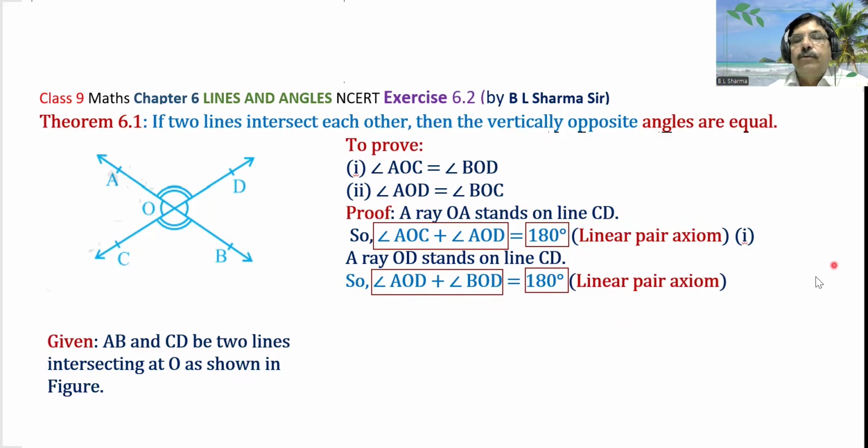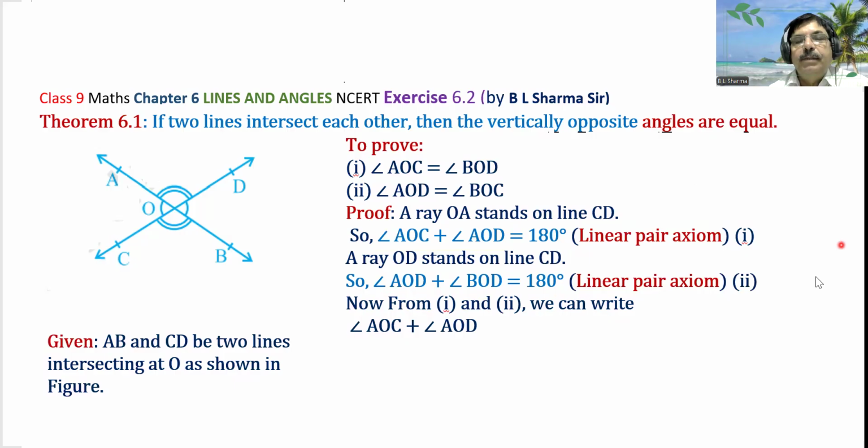So from the first and second, angle AOC plus angle AOD is equal to 180 degrees, equal to angle AOD plus angle BOD, that is also 180 degrees. Here we can cancel angle AOD, it is on both sides, we will cancel it. Then what is left? Angle AOC is equal to angle BOD. So we can say that angle AOC is equal to angle BOD.